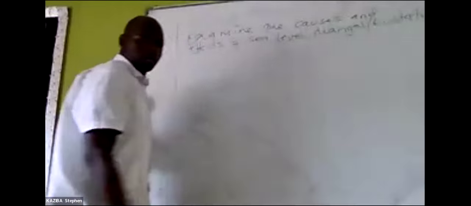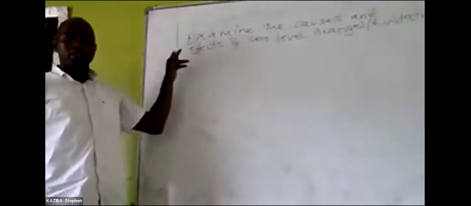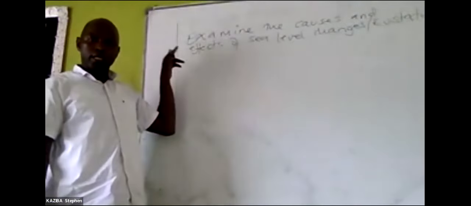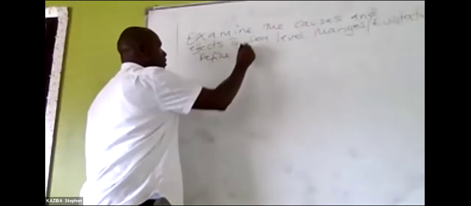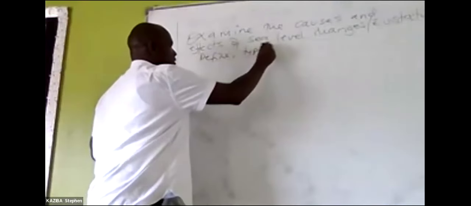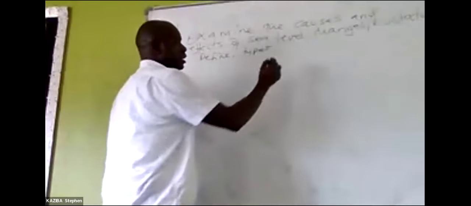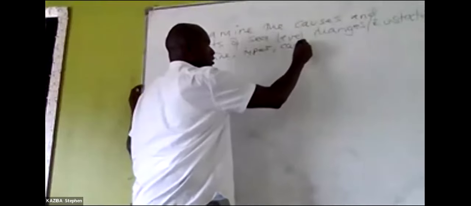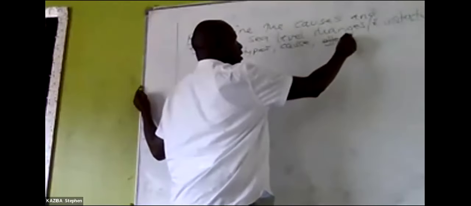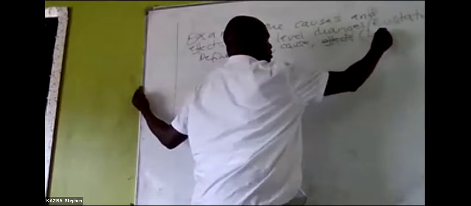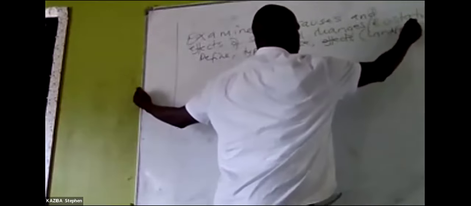So the question requires you to define sea level changes. You talk about the types. Then after the types, you give us the causes. Then you give us the effects. Now the effects are the landforms. The effects are the landforms.